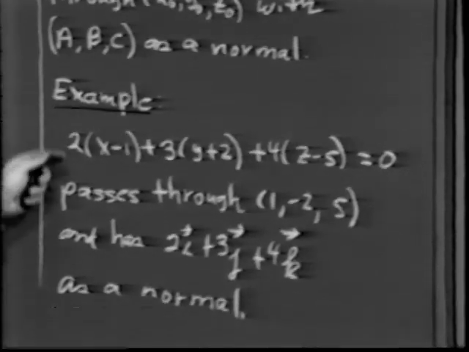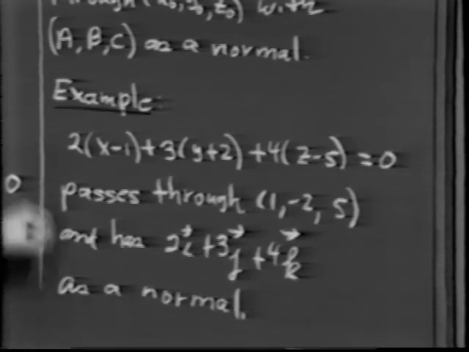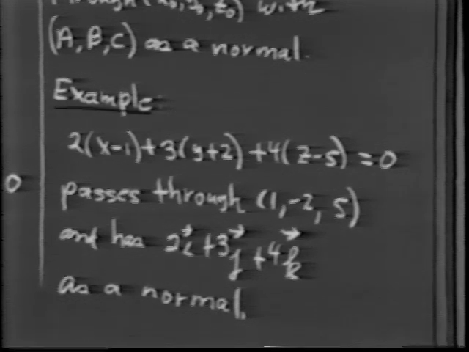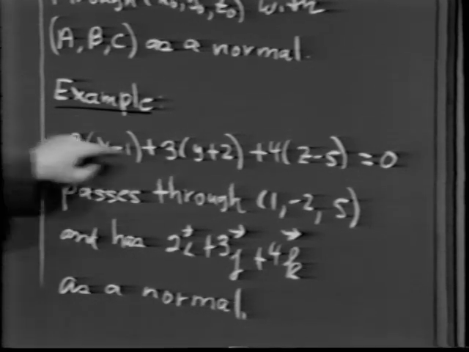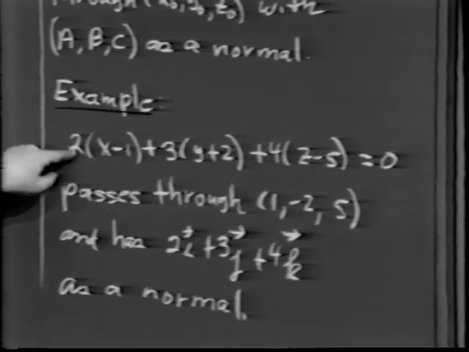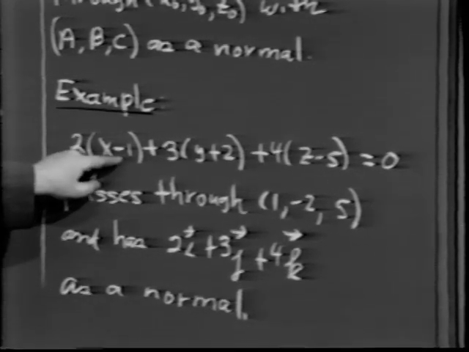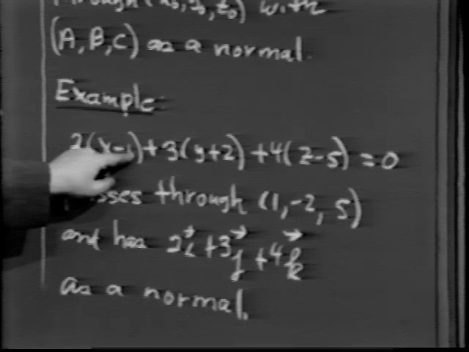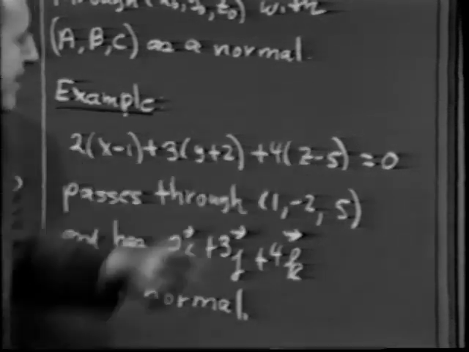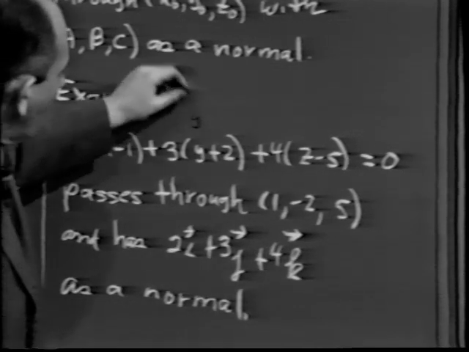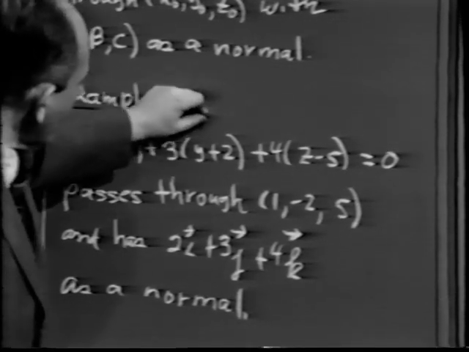Let me simply write down a linear expression. I'll write down 2 times (x minus 1) plus 3 times (y plus 2) plus 4 times (z minus 5). My claim is that this is the special case where A, B, and C are played by 2, 3, and 4 respectively. x0, y0, and z0 are played by 1, -2, and 5. The same thing as in our previous study of ordinary two-dimensional geometry.